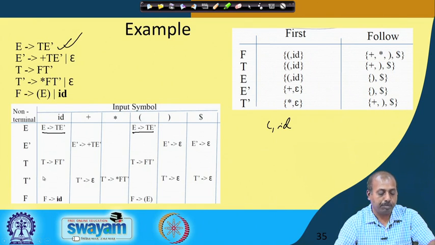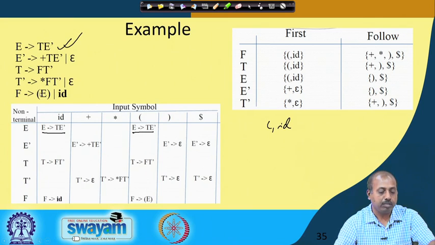So, at T dash, star, we add the rule T dash producing star F T dash, and then T dash producing epsilon. Whatever we have in the follow of T dash, plus, bracket close and dollar, there I will add T dash producing epsilon.